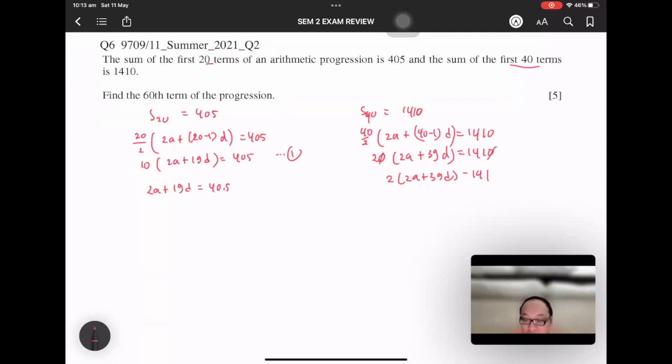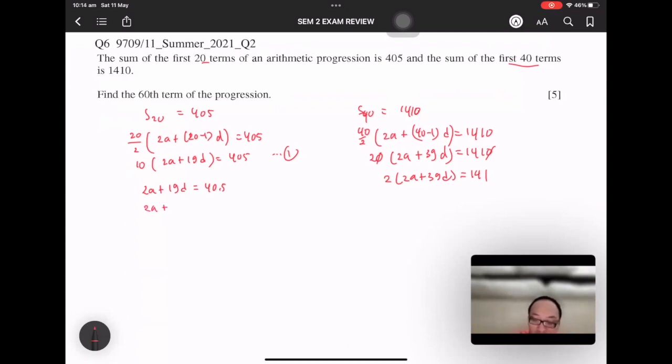This one divided by 2, 141 divided by 2: 2a+39d equals 70.5. So we subtract, cancelling the 2a. 39 minus 19 is 20, so 20d equals 70.5 minus 40.5, which is 30. So d is 3/2.